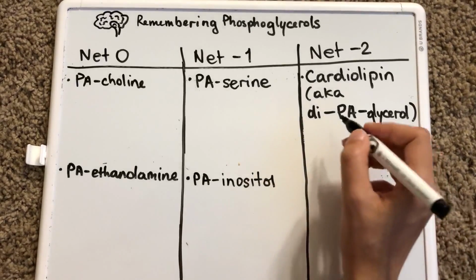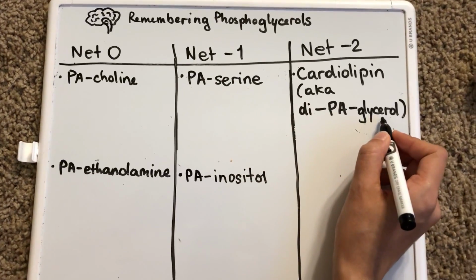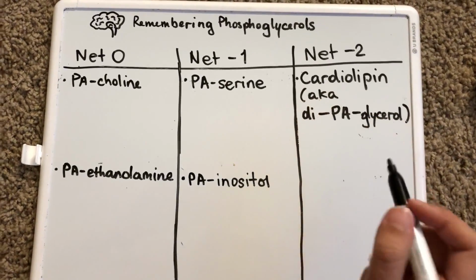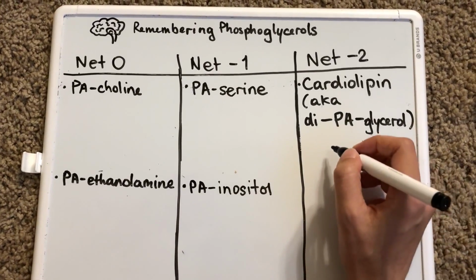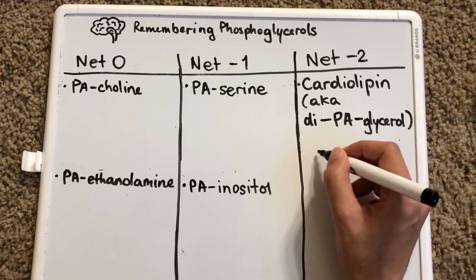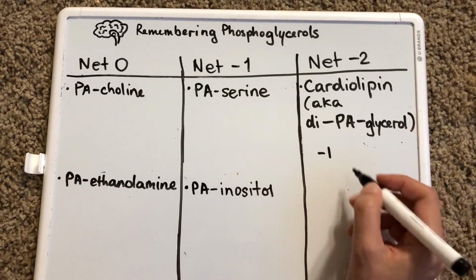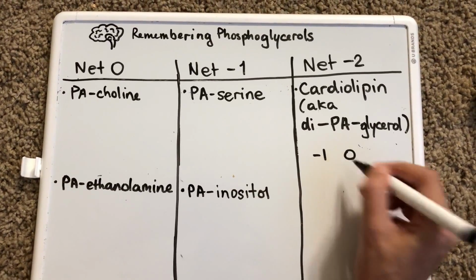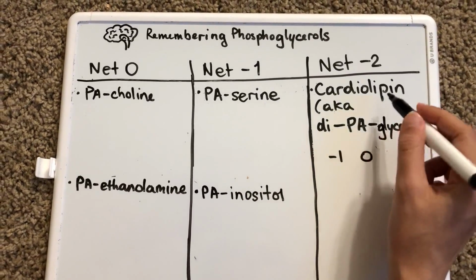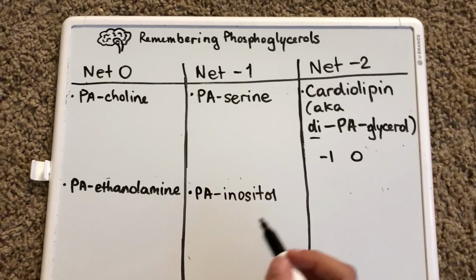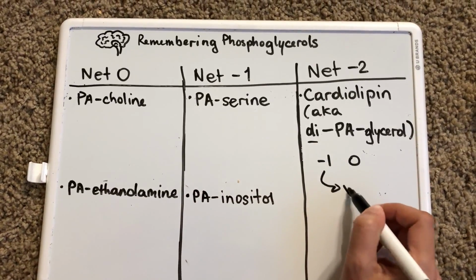So diphosphatidylglycerol is cardiolipin, and we know that phosphatidate has a -1 charge, and we know glycerol has a 0 charge, and we know that di means 2, so we're going to have times 2.